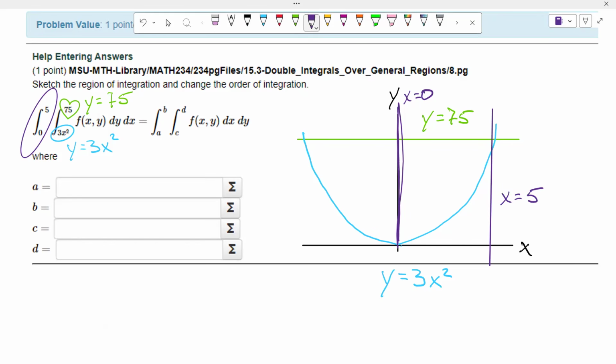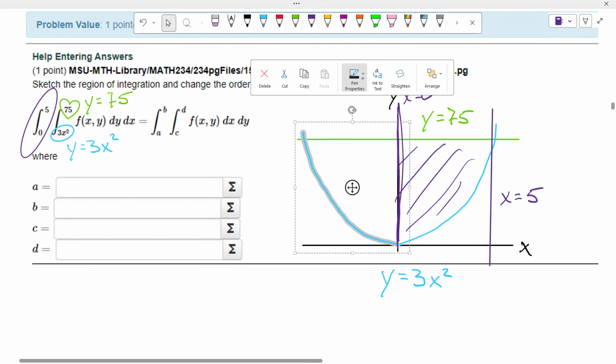So I'm only looking at the right half of the coordinate plane to find my region of integration. Going back to the green and blue parts, I know green is on top, blue is on bottom. So my region of integration must be this part right there.